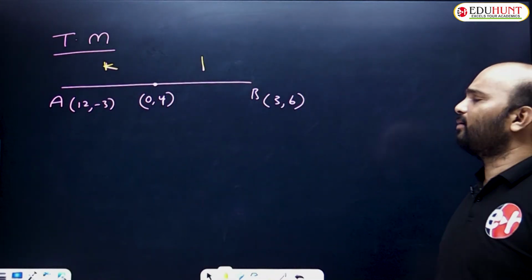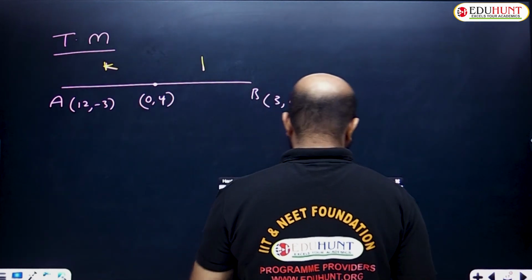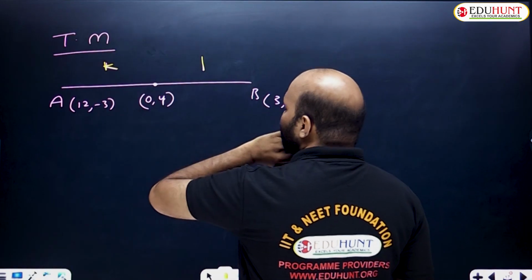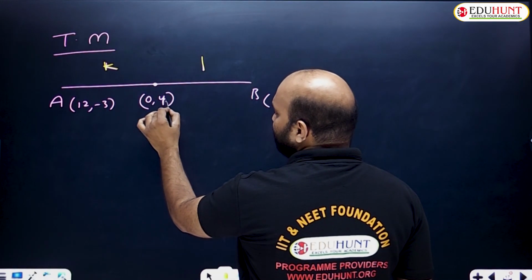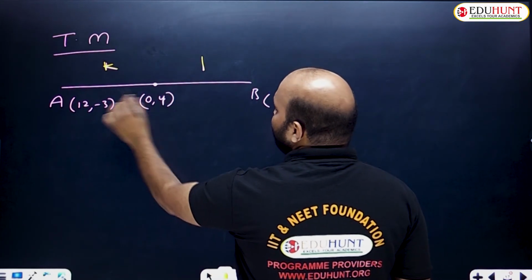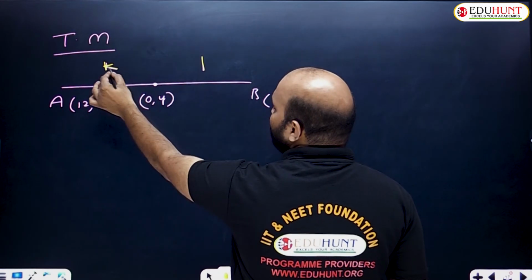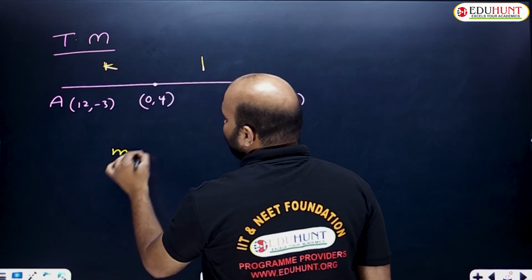So first we need to find the k value. How will we get the 0 comma y here? On the y-axis, the x coordinate is 0 and the y coordinate is small y. So this point divides the line joining A and B in the ratio of k is to 1, nothing but m1 is to m2.